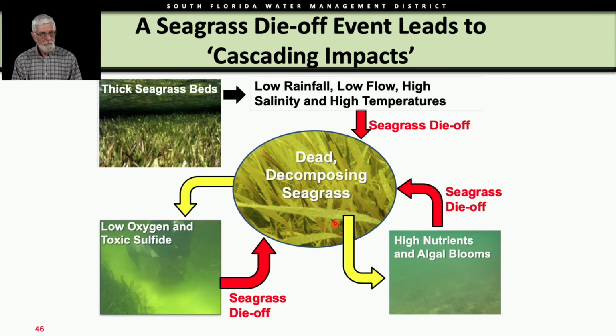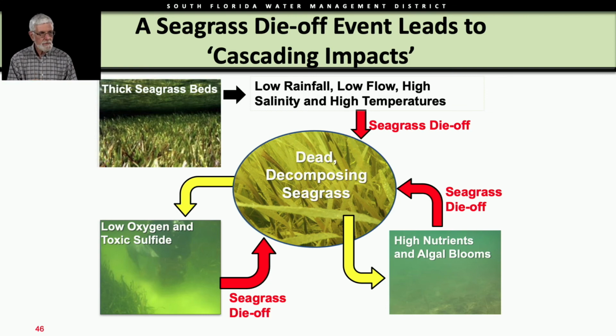So now what you have is the algae is cutting down on the transparency of the water. The seagrass beds that remain can no longer see the radiation that they need, and sulfide continues to build up, and this cycle just continues for a relatively long time.